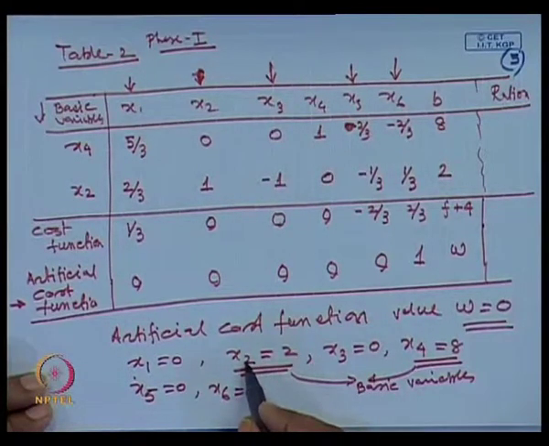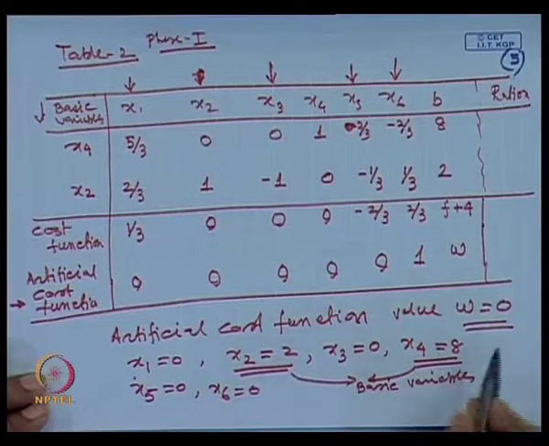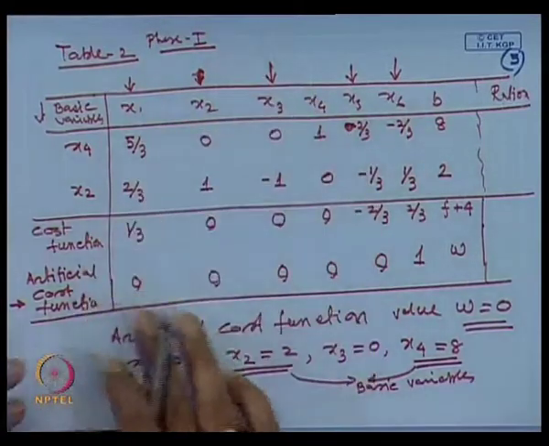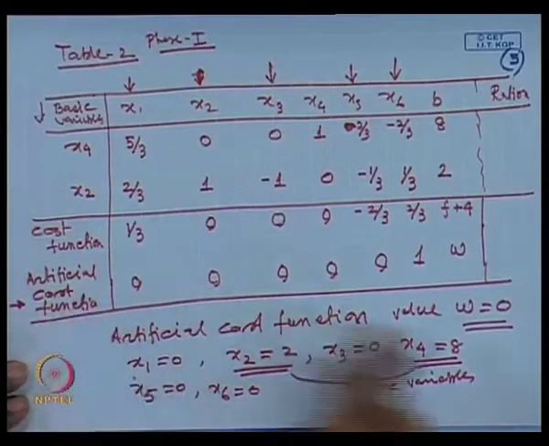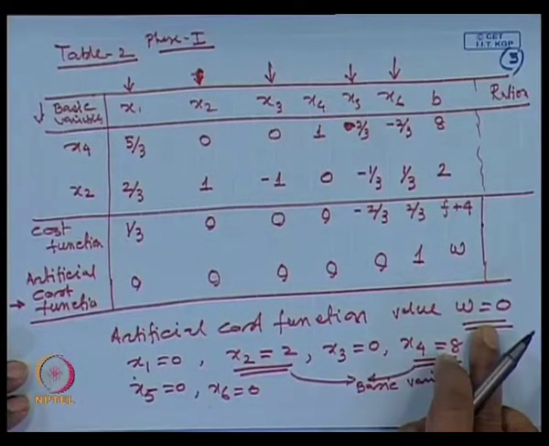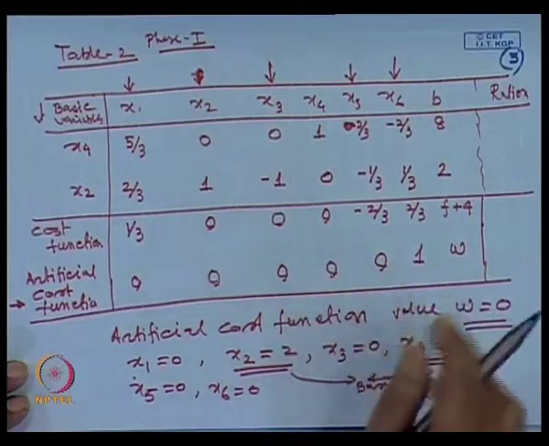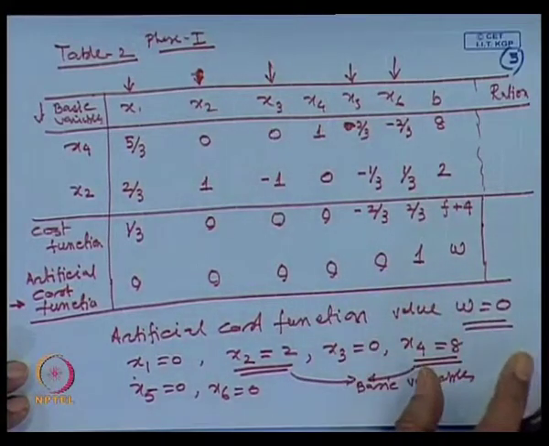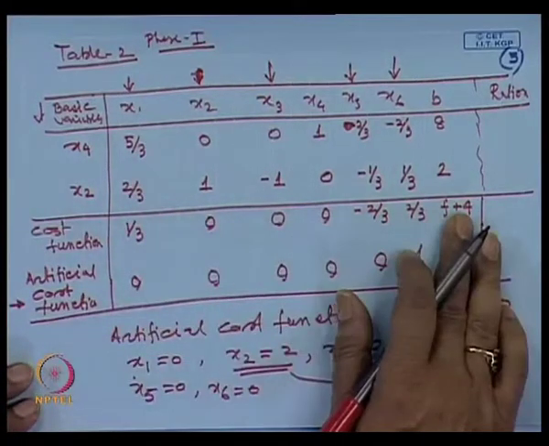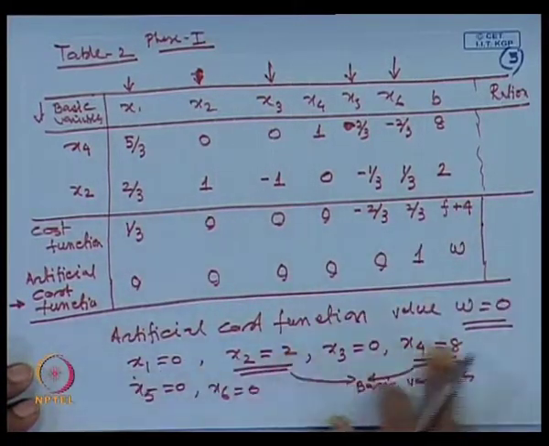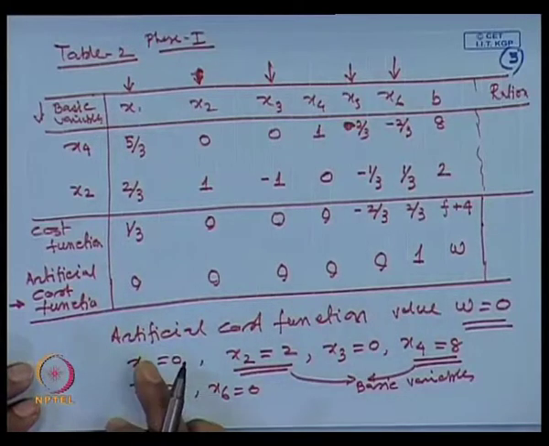So after the end of phase 1, we have optimized the artificial objective function, whose value is equal to 0. Even though we added the artificial variable x6, its value is 0. So at the end of this we got our basic solution. Agree?